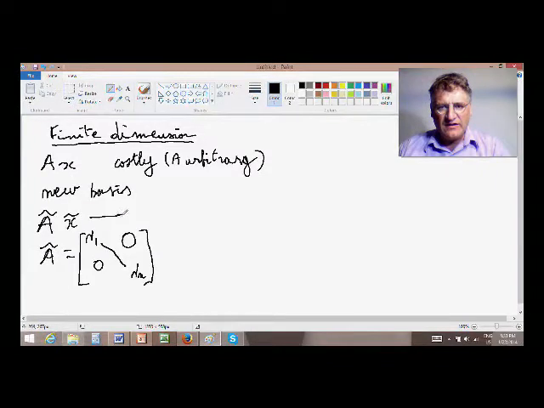And this is cheaper to compute. Typically, computing A times X costs on the order of n squared operations. This one costs on the order of n operations.